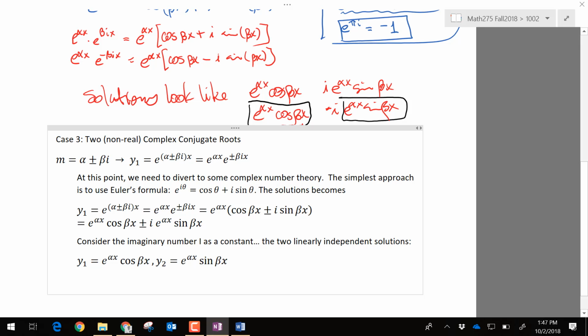Okay? The general solution would be these two linear combinations. So there you have C1 times the first and C2 times the second.